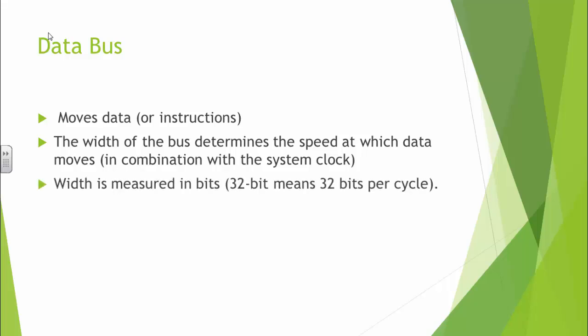We'll typically talk about bits, because 1 bit can move for each channel that we have. So if we have 32 bits, this means we can move 32 bits per cycle. And so some buses may be 8-bit, 16, 32, 64, depending on the situation.